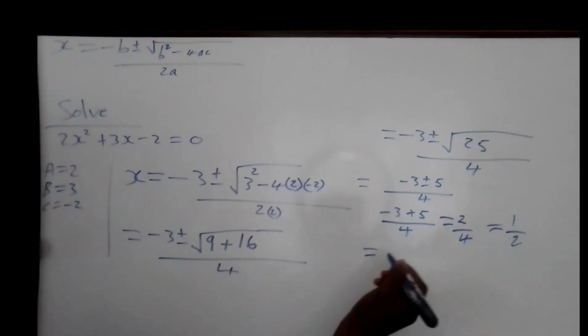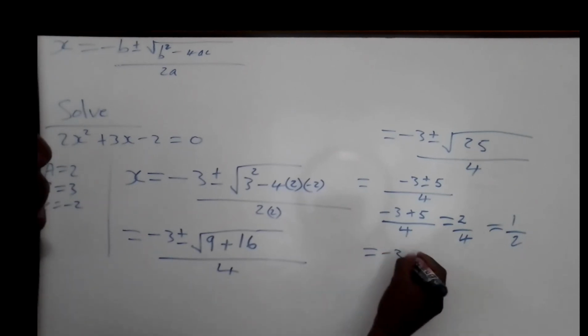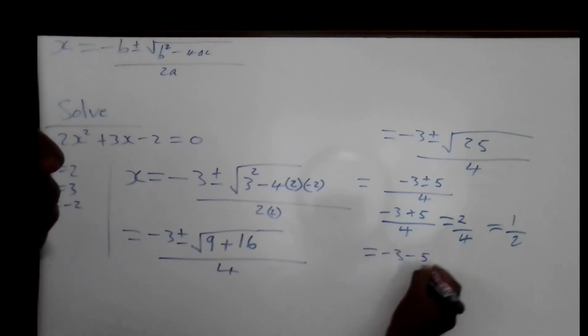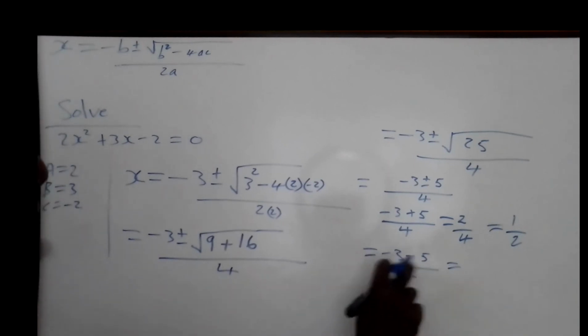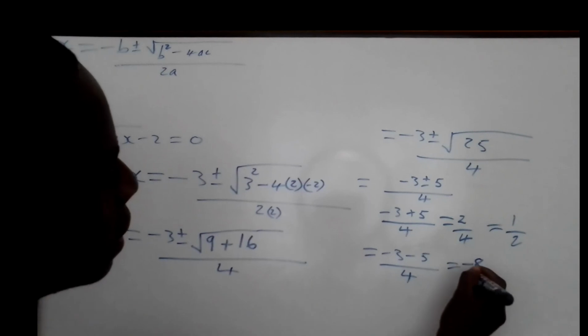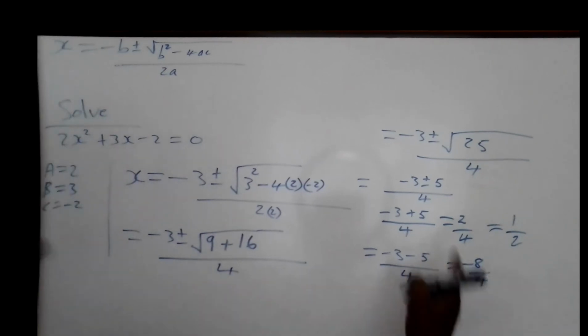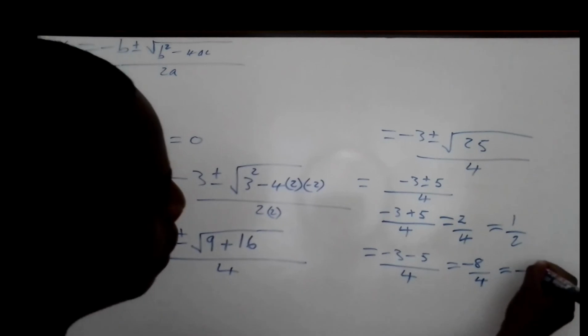The next answer now is going to be -3 -5 over 4 equal. We're going to add these numbers and keep the sign. So we have -8 over 4. 4 into -8 goes 2 times, but we have a -2.